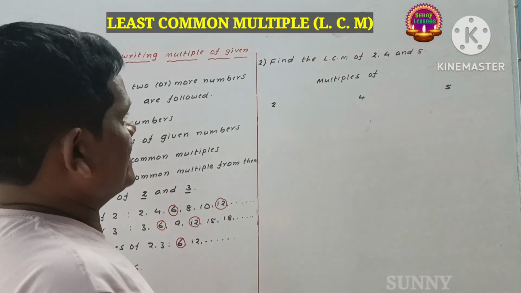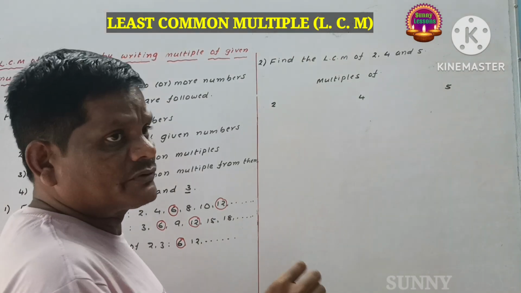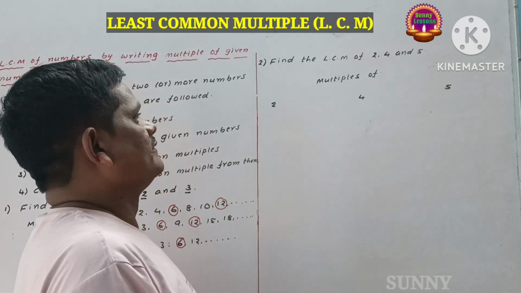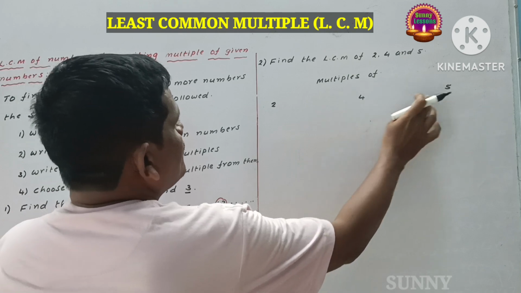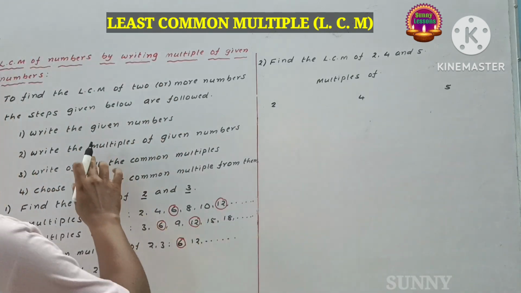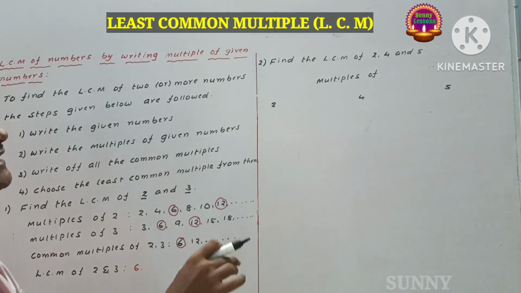Let us go to the second example. Find the LCM of 2, 4 and 5. In this case, we take the given numbers 2, 4, 5. The second step: write the multiples of the given numbers.